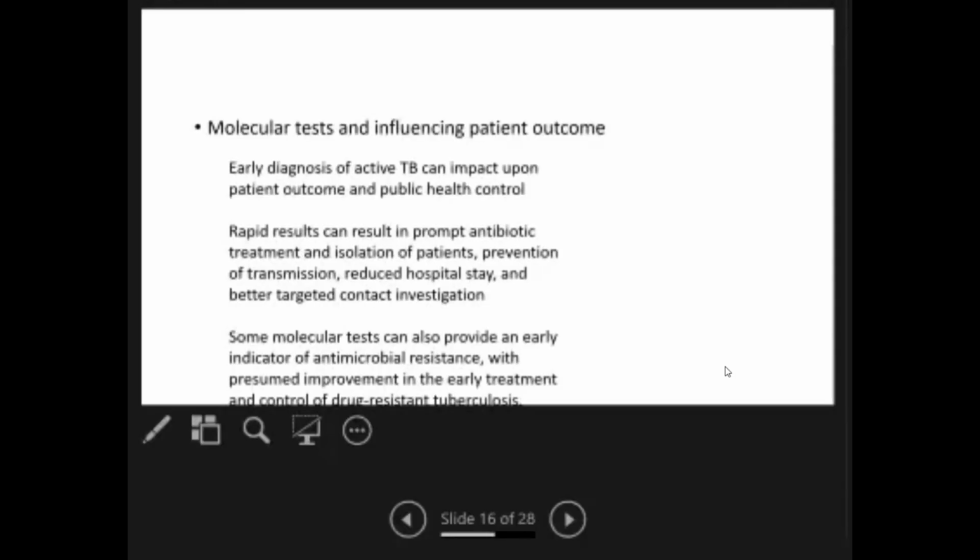I mean, the clinical presentation can be anything. So if you have early diagnosis, the unnecessary investigations we are going to do on patients will reduce. And also the other most important thing is it is an early indicator of antimicrobial resistance also.